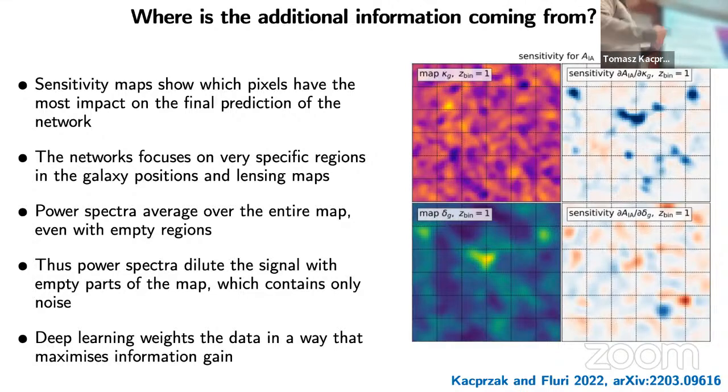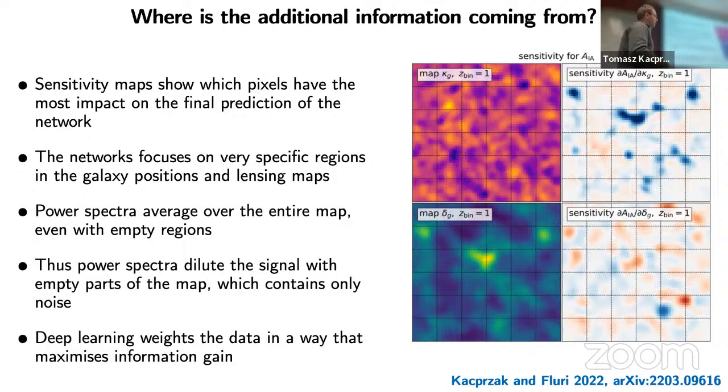So how do we find whether this is the mechanism? We can look at what is called the sensitivity map. We take the response of our summary statistic that corresponds to a given cosmology parameter, in this case the intrinsic alignment amplitude, with respect to a pixel on the map. So if we make that pixel smaller, our intrinsic alignment will go up.